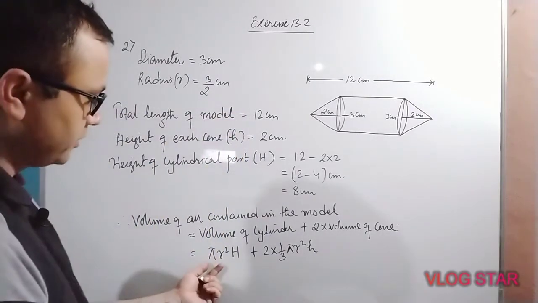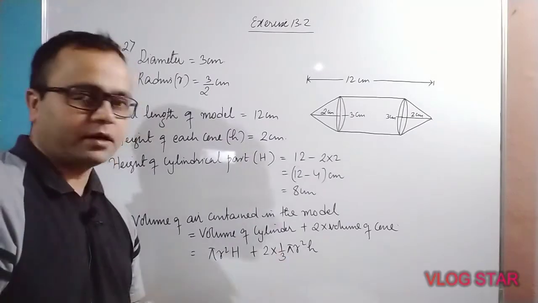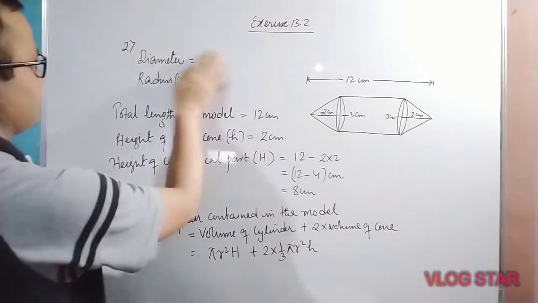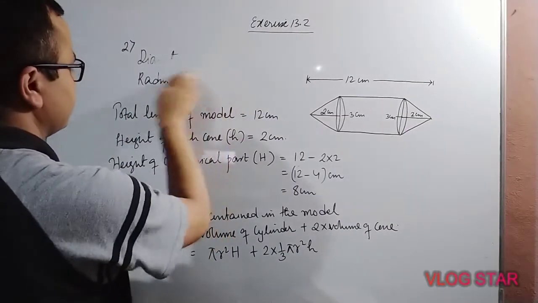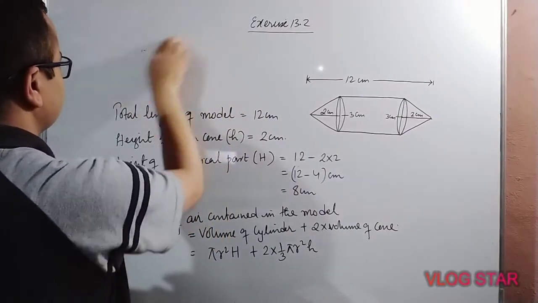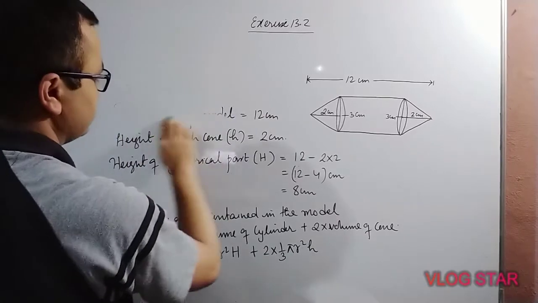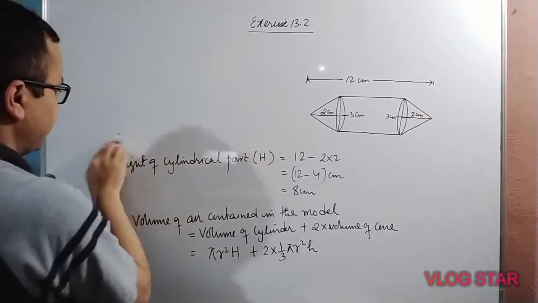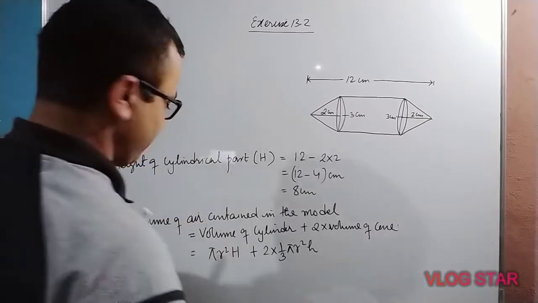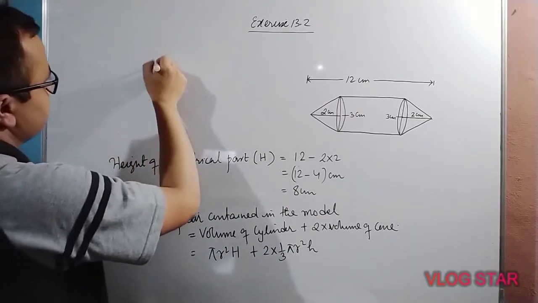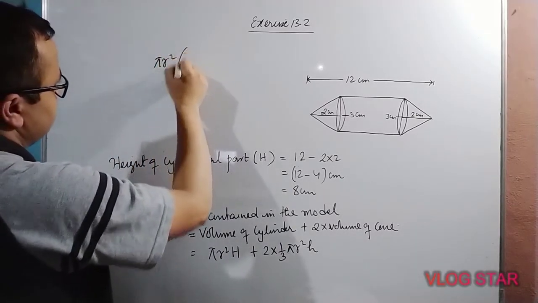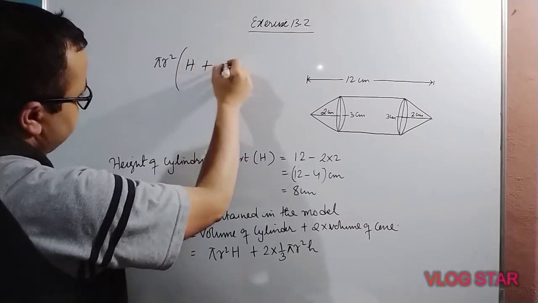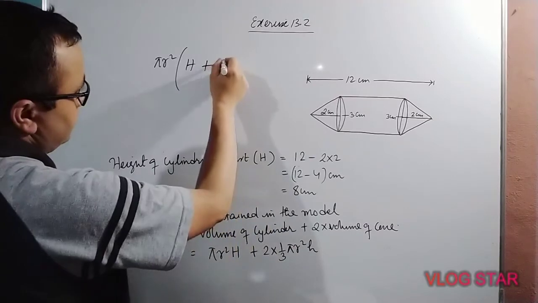We can take pi r square common. Inside the bracket we write H plus 2 by 3 h.